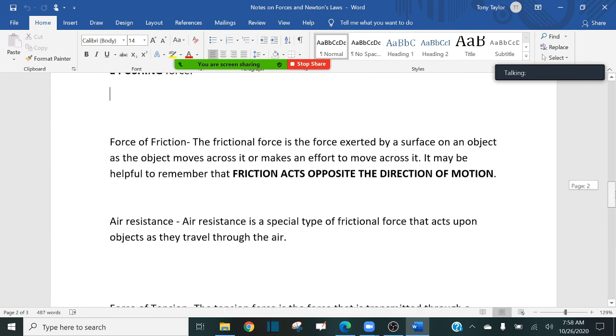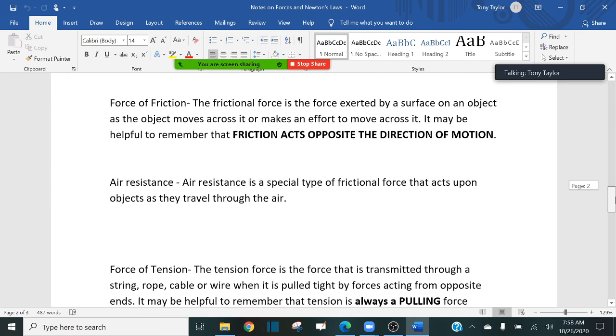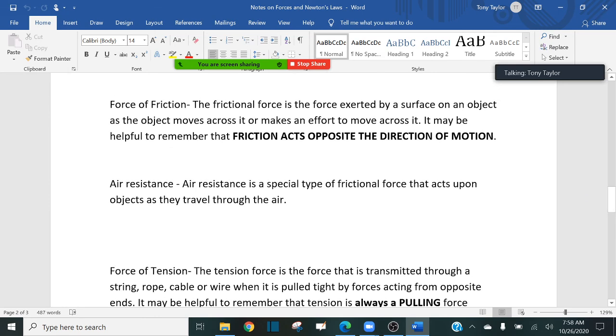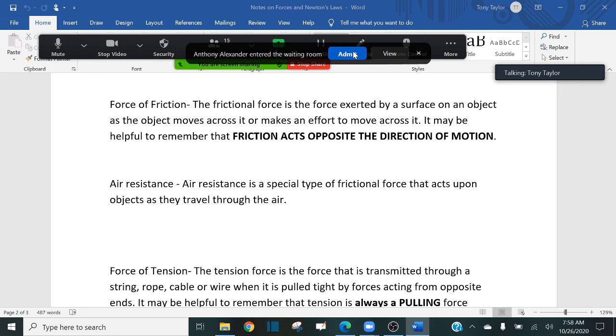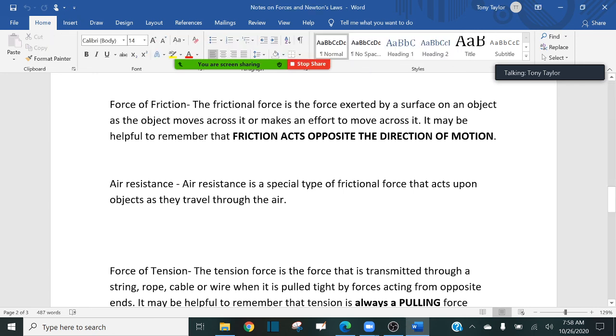Okay. So moving right along to the force of friction. The frictional force is the force exerted by a surface on an object as the object moves across it or makes an effort to move across it. It may be helpful to remember that friction acts opposite the direction of motion.